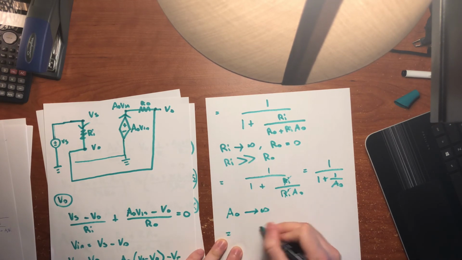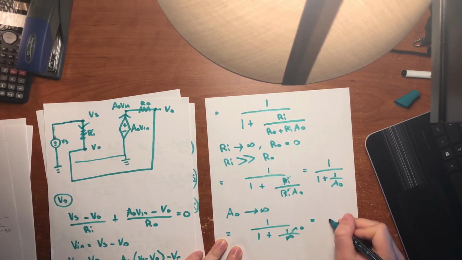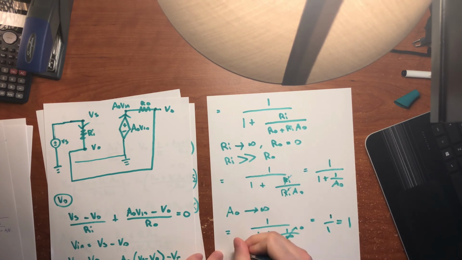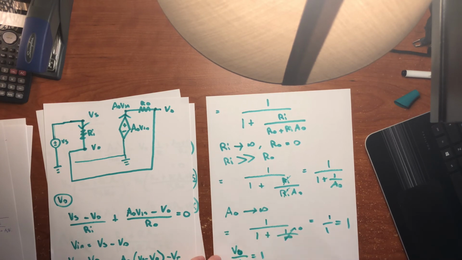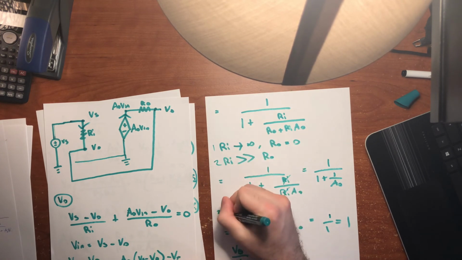So if that goes to infinity, we end up with 1 plus 1 over infinity. This actually goes to 0, so we end up with 1 over 1 equals 1. So we end up with V naught over Vs equals 1, if we assume these conditions, 1, 2, and 3.